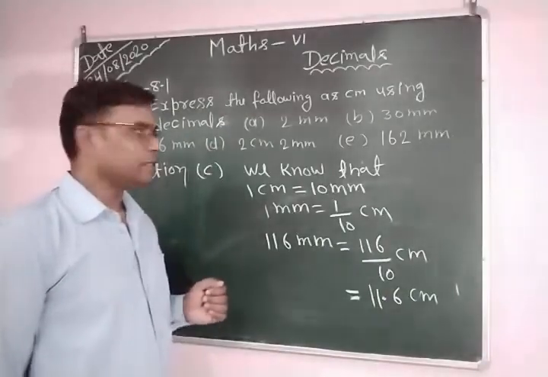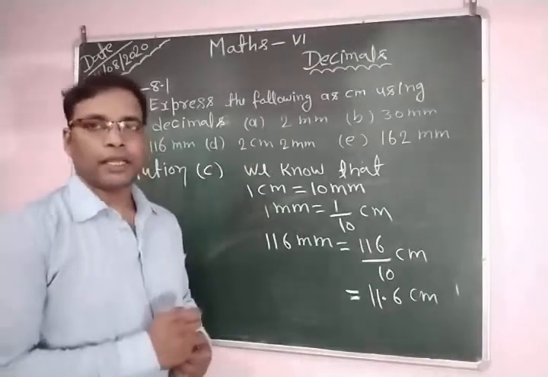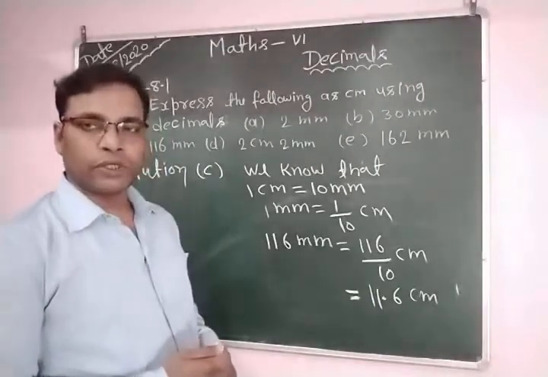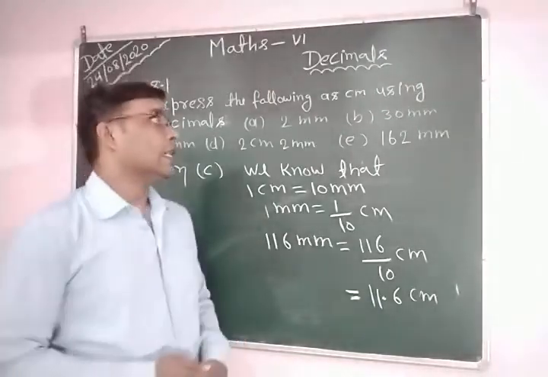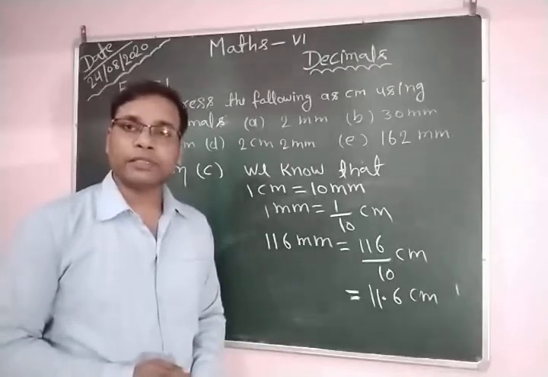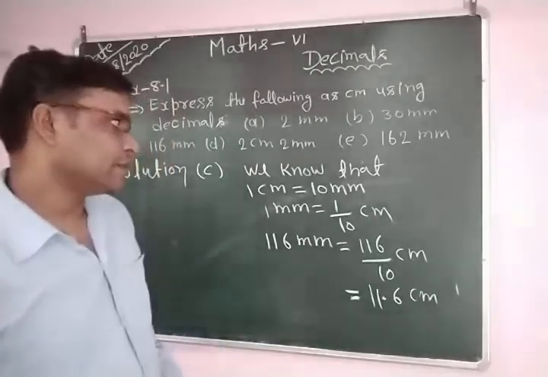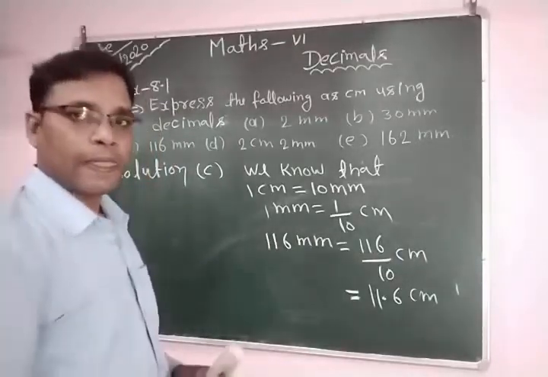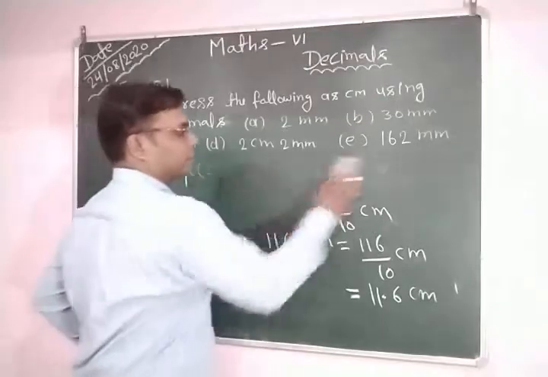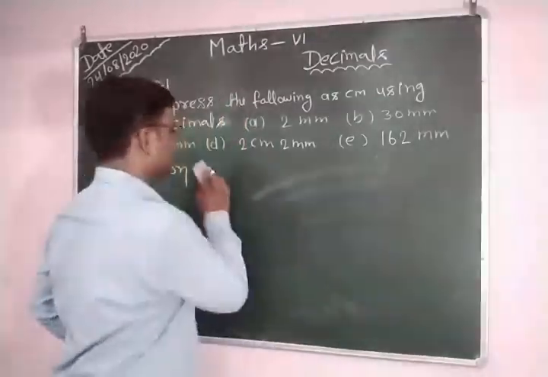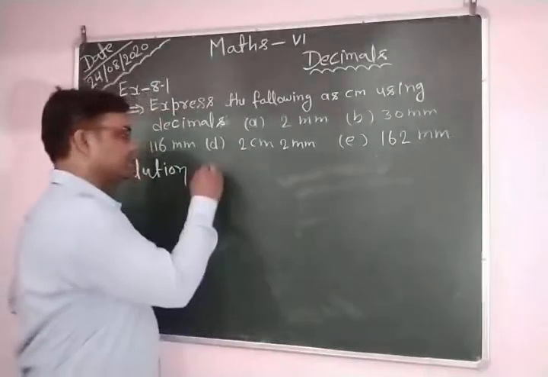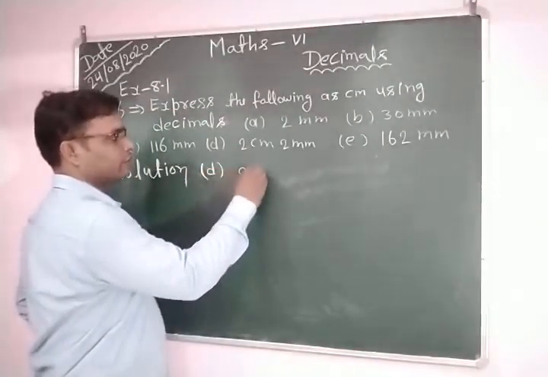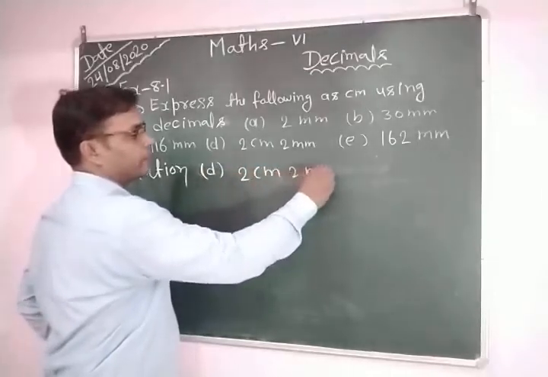And the next part is D part. D part is given 2 centimeters, 2 millimeters. We need to express 2 centimeters 2 millimeters as centimeters using a decimal number. This is D part: 2 centimeters 2 millimeters.